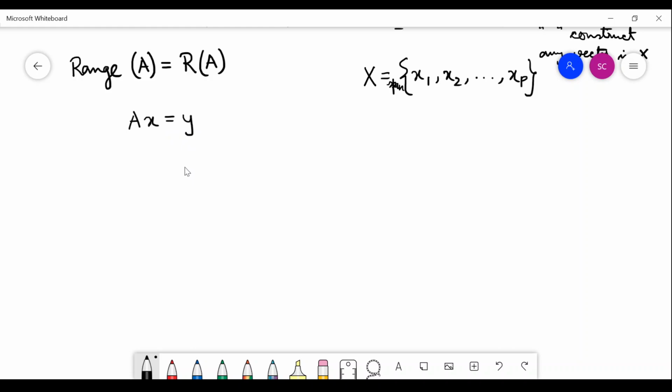Ax equals y. We write this equation all the time, Ax equals y. A can be any matrix, it need not be an n cross n matrix. If this is m cross n, x is n cross 1, and y is m cross 1.